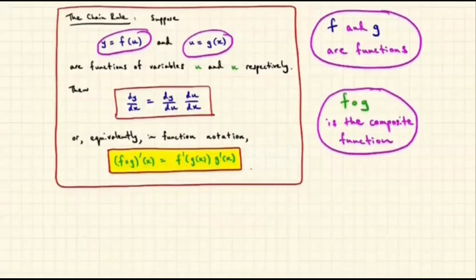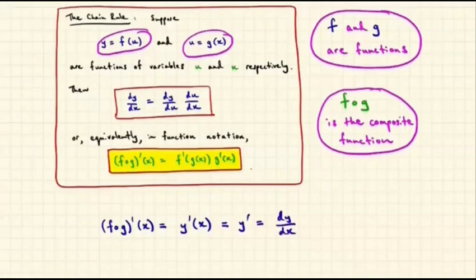Then (f circle g)' of x, the composite of f and g dash x, is the derivative of y with respect to x, not with respect to u, which we had previously just called y dash, also called dy dx in Leibniz notation, which we recognize as dy du times du dx using the earlier version of the chain rule.